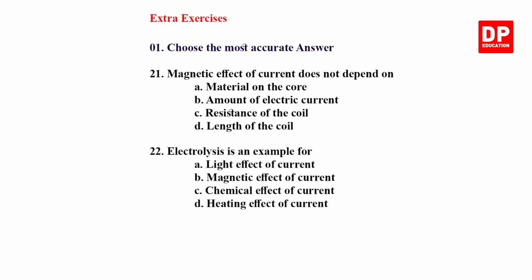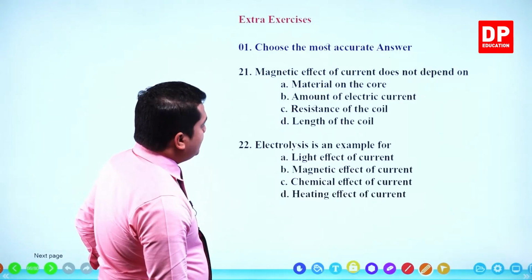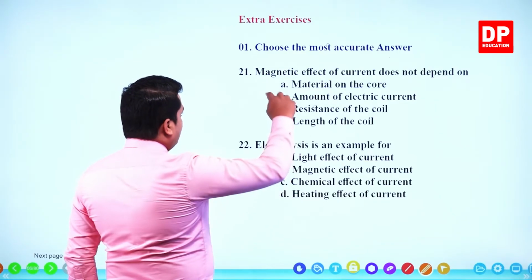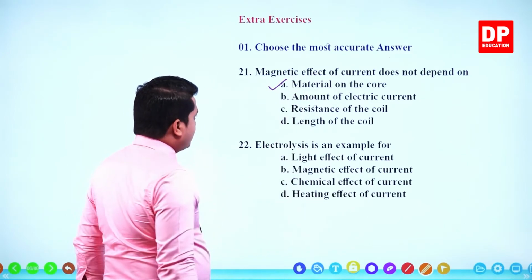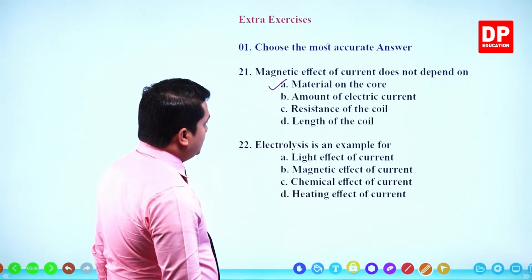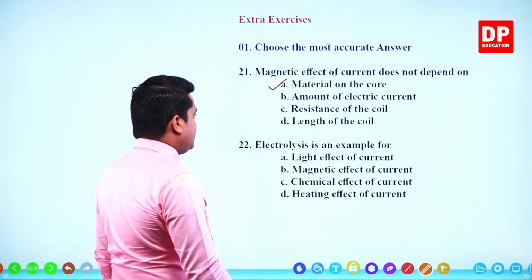Magnetic effect of current does not depend on the material of the core; that is directly dependent. The amount of electric current is directly dependent.